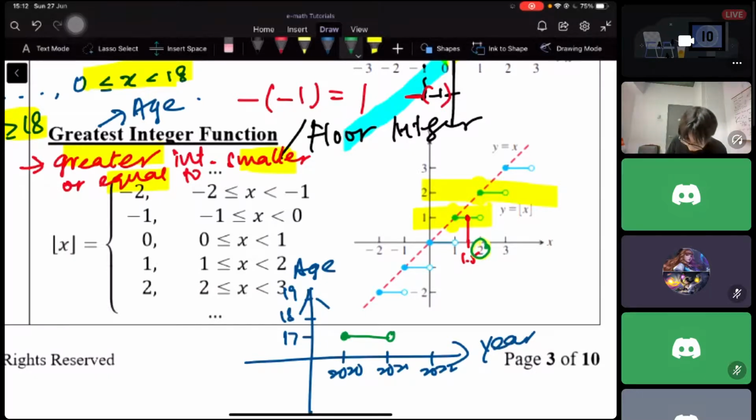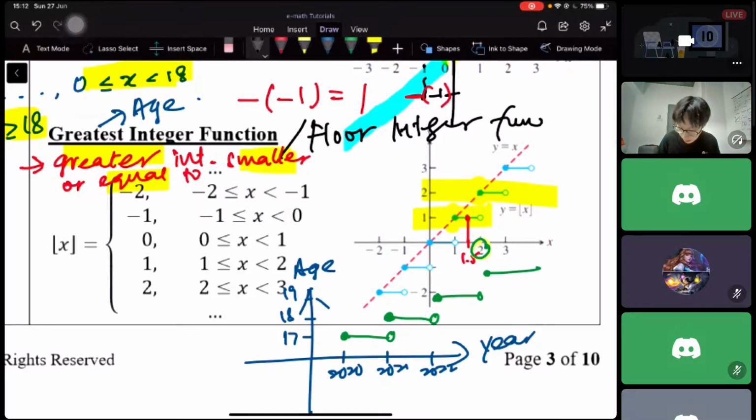Then the moment you celebrate New Year for 2021, you become 18 years old, or birthday, up to you. The moment you celebrate your next birthday, you become 19 years old, and so on and so forth. So this is the concept of greatest integer function or floor function.